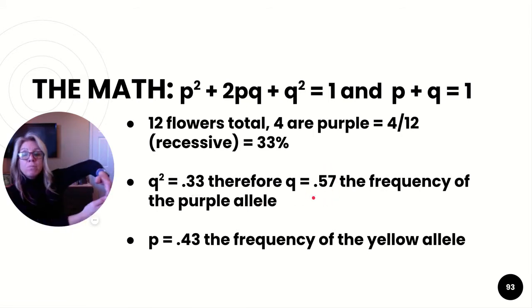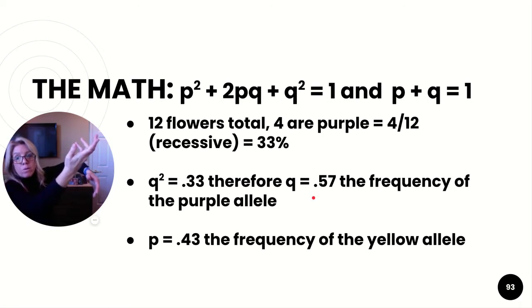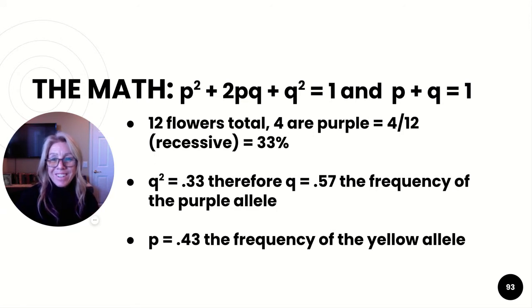Then in the gene pool that created that 33% purple flower, 0.57 of the alleles in that gene pool are the recessive trait, and 0.43 then would be the dominant allele frequency of the yellow allele.